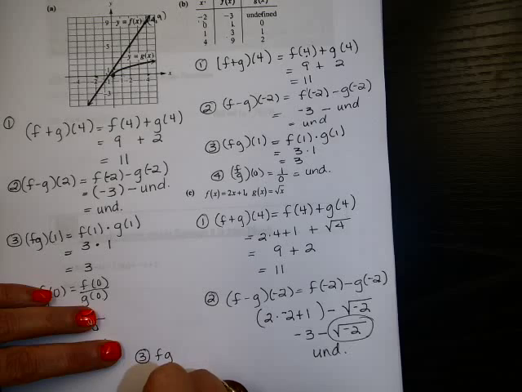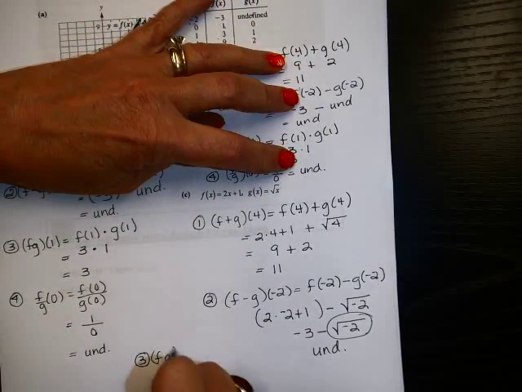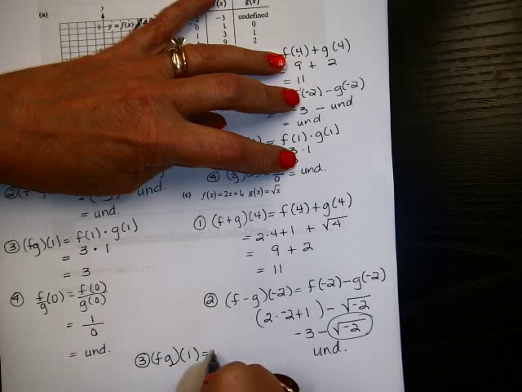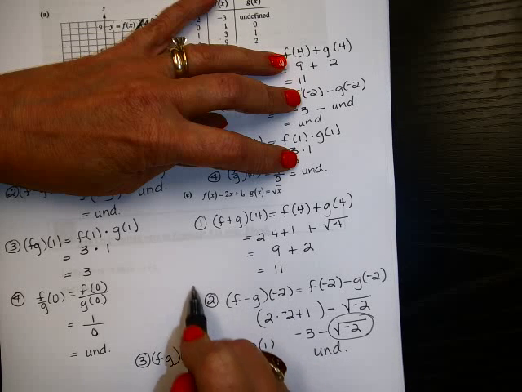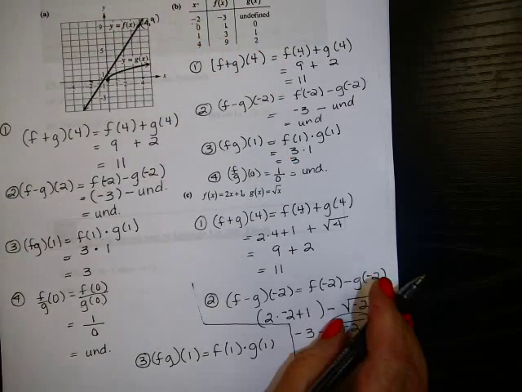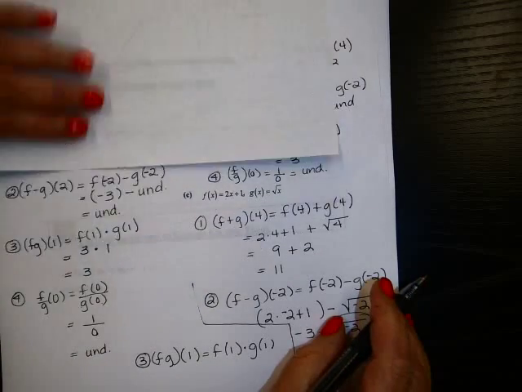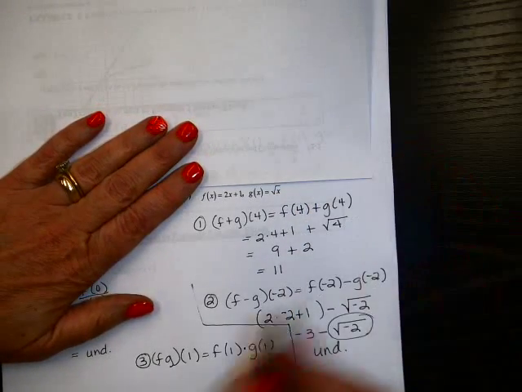F times g of 1 means f of 1 times g of 1. Running out of room. Let me make some marks here, okay? Alright, remember we're just using the equations, so let me cover up this other work we've been doing. A lot of work. Needed more room, didn't I?